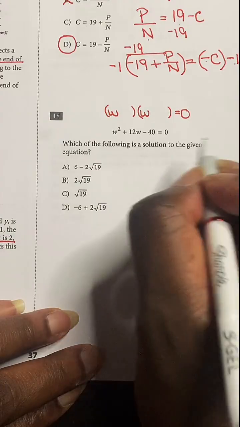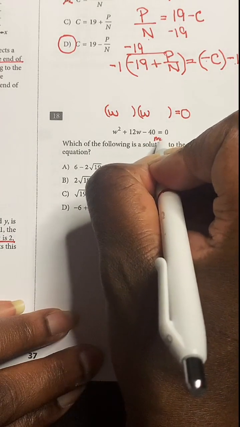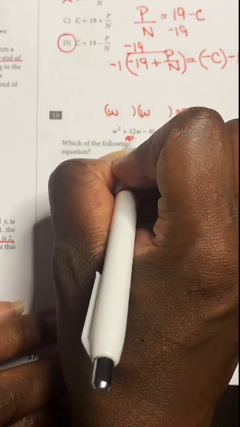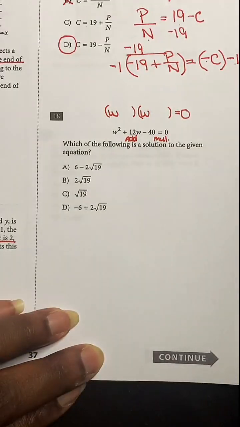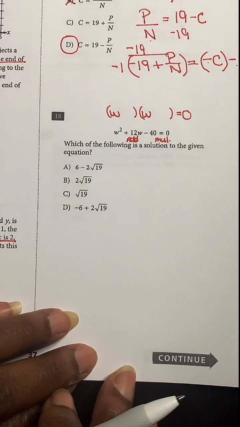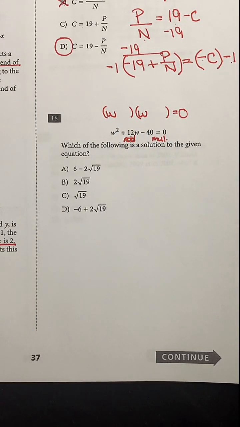And then I have to think, what 2 numbers multiplied will give me negative 40 and add to give me 12? Okay. What 2 numbers multiplied together will give me negative 40 and add together to give me a positive 12?